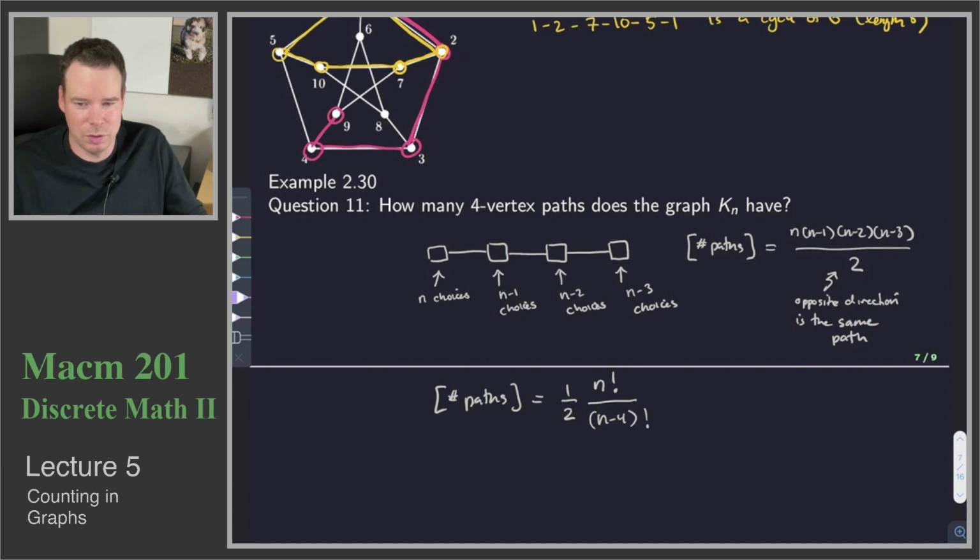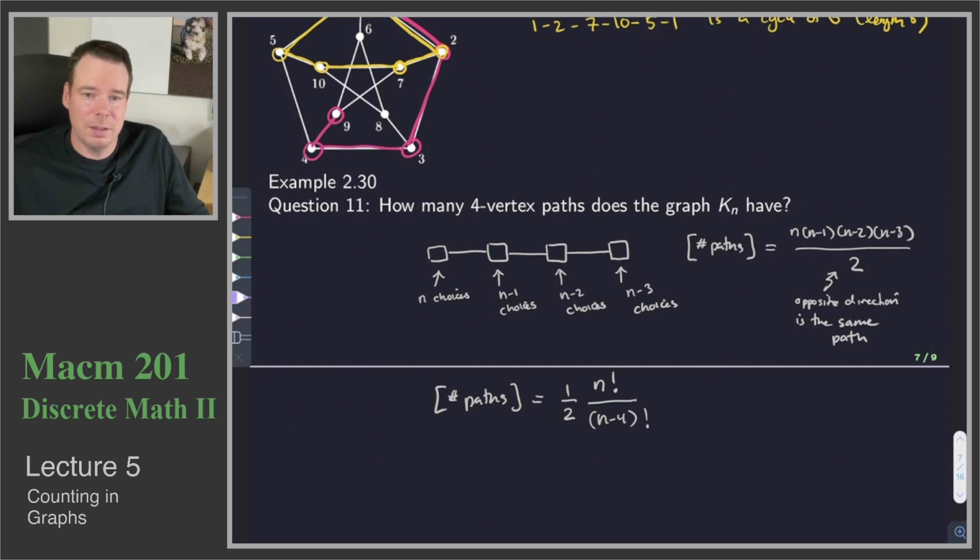So that's where that division by 2 comes in, because a path is really direction independent. All that matters is the collection of vertices and the collection of edges. That's what determines a path. It's a graph. And so if I wrote down the ordering of the vertices in one direction and then reverse the direction, it's really the same graph.